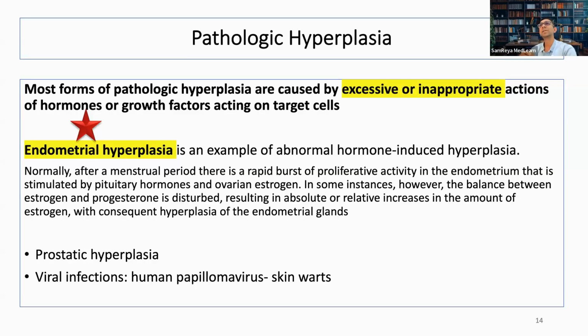Why is this a very high yield topic? Why is this important? What are the questions they have asked you? Endometrial hyperplasia, because of that high cell turnover and rapid production of new cells, is a condition that might transform into endometrial adenocarcinoma.